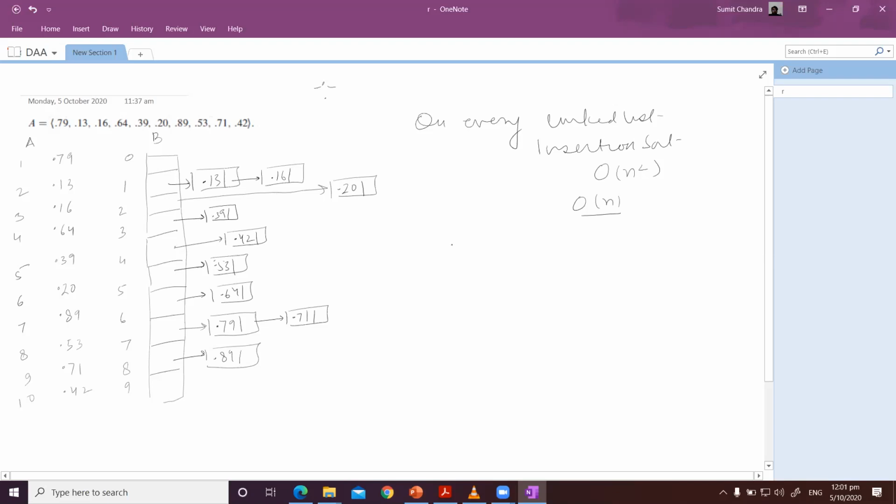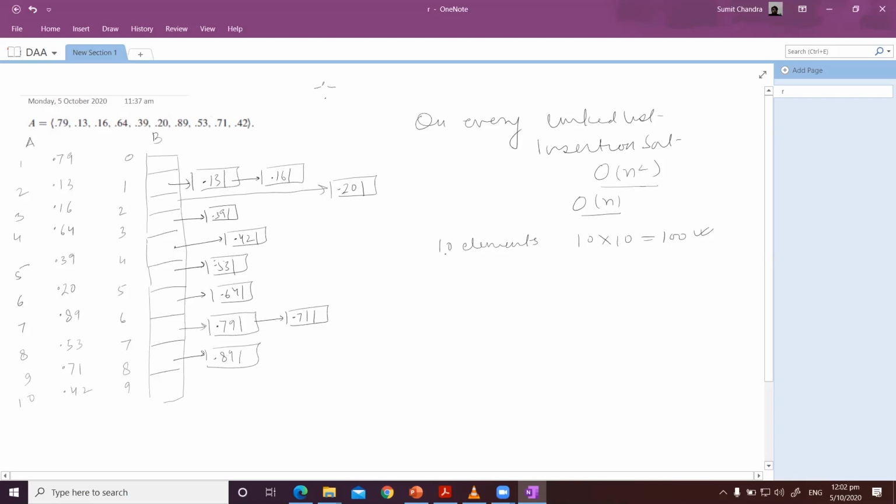Suppose we have 10 elements, and we are talking about the worst case complexity of insertion sort. So the maximum number of comparisons is 10 into 10, equal to 100, because it is order of n square.